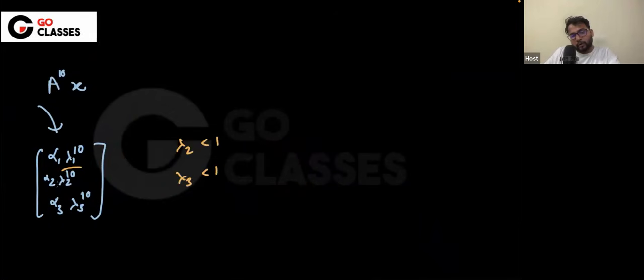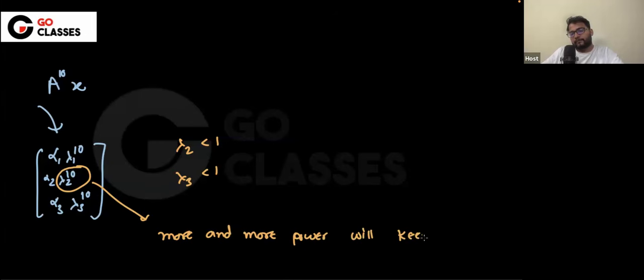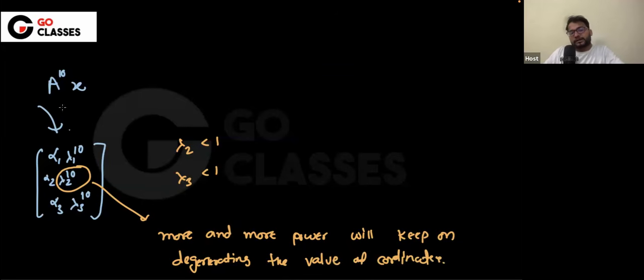Then what will happen to the coordinates of this A power 10 x? The moment you take more and more power, more and more power will degrade the value. They keep on reducing or degenerating, I can say.